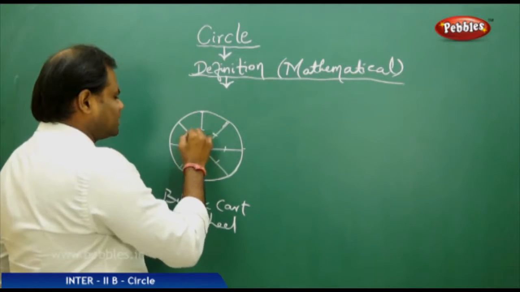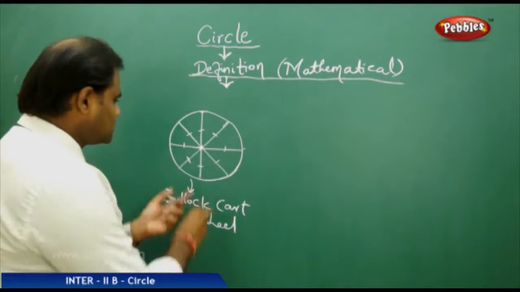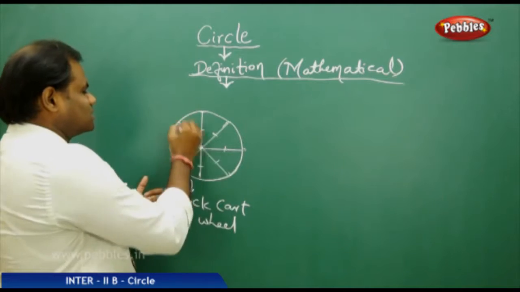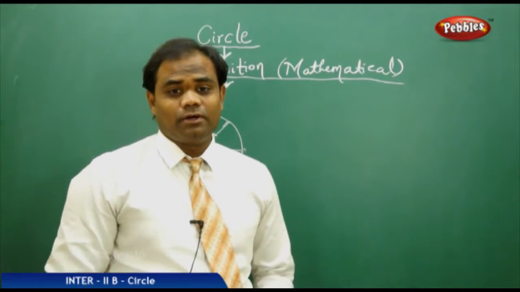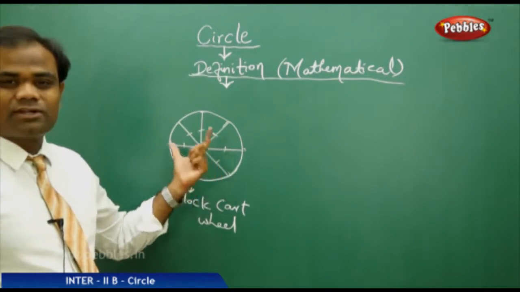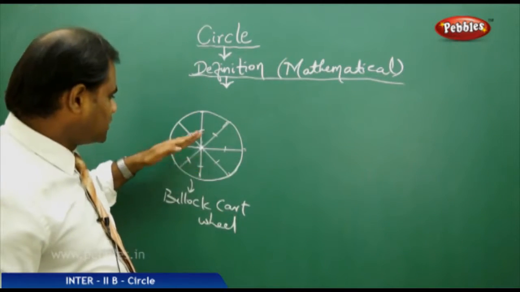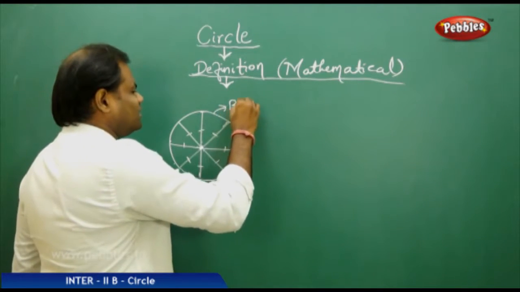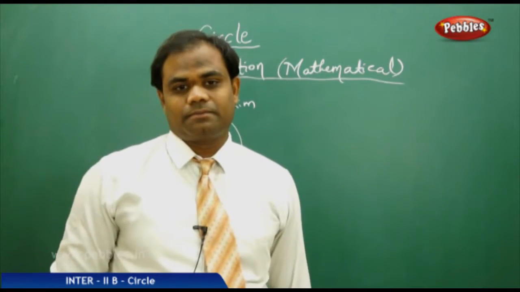This makes me understand that for a perfect circle to be formed, the distance from the center to each of the edges of the circle must be the same, which is a real life example of a bullock cart wheel which we have seen. So this concept of a wheel having equal sticks from the center to the rim is what defines the circle in the mathematical sense.